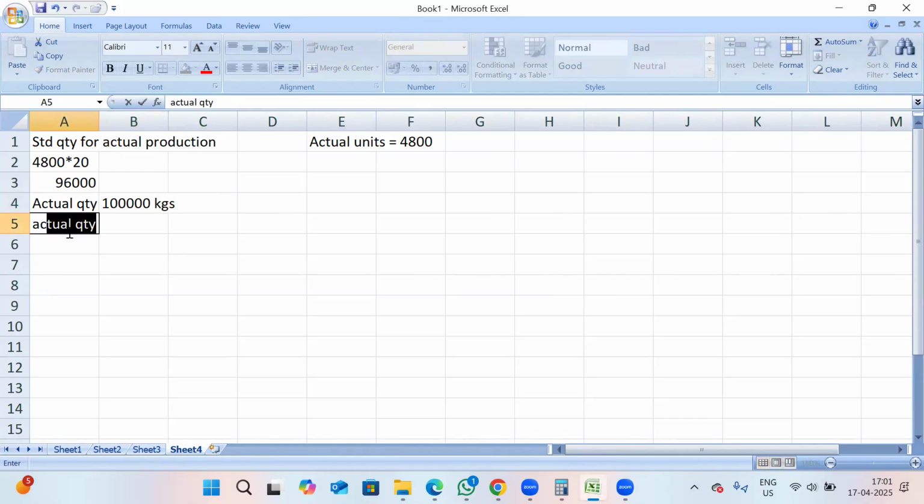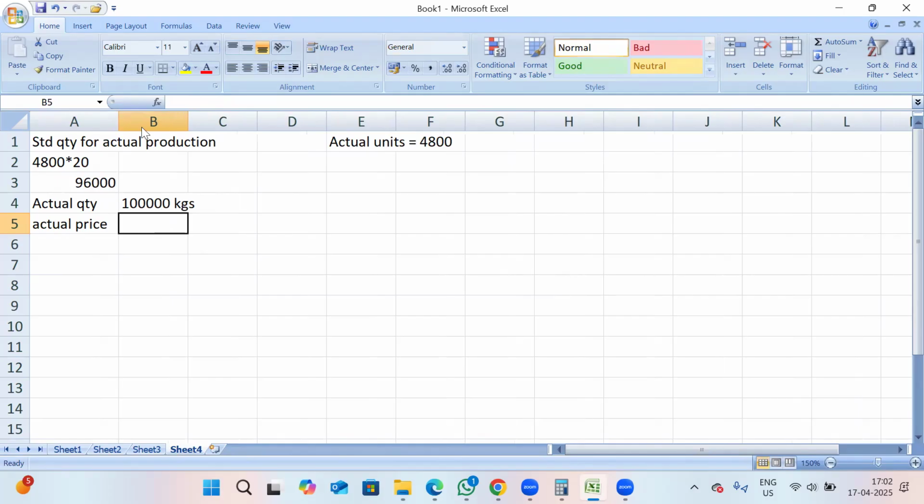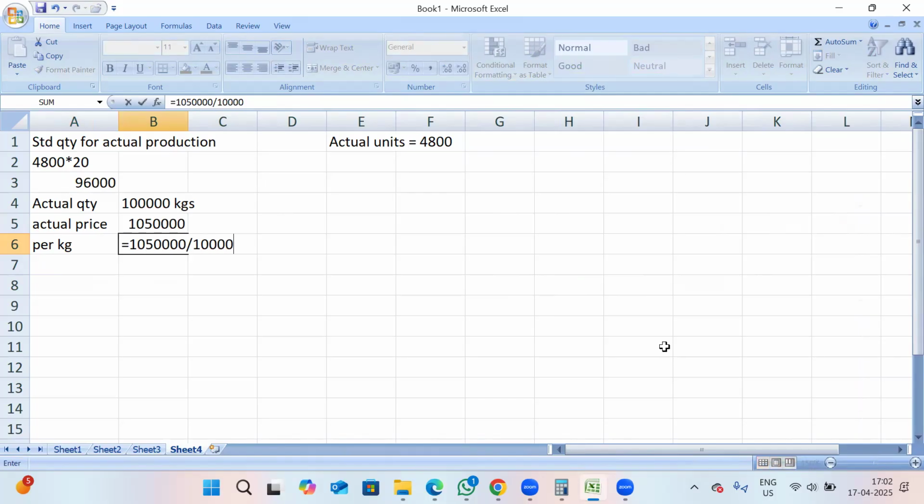My actual price is 10 lakh 50,000. So actual price per kg: 10 lakh 50,000 divided by 1 lakh.